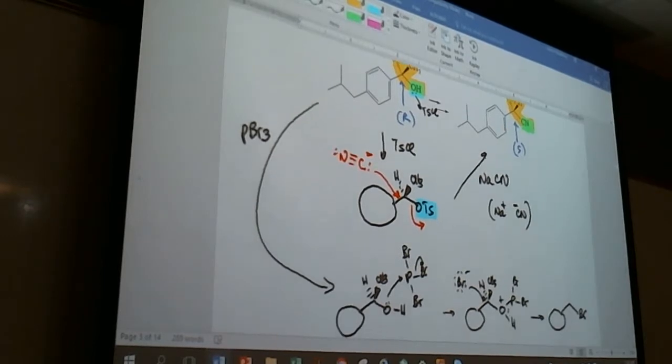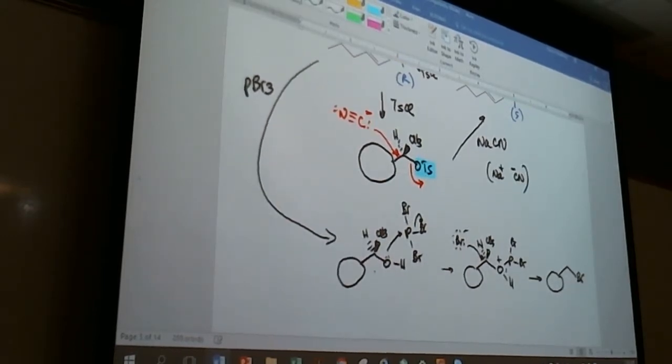So if this was R, by the time I do this SN2 reaction, this is going to invert these two. I'm now going to have the hydrogen in front and the methyl on the back if everything else is in the same place, right?